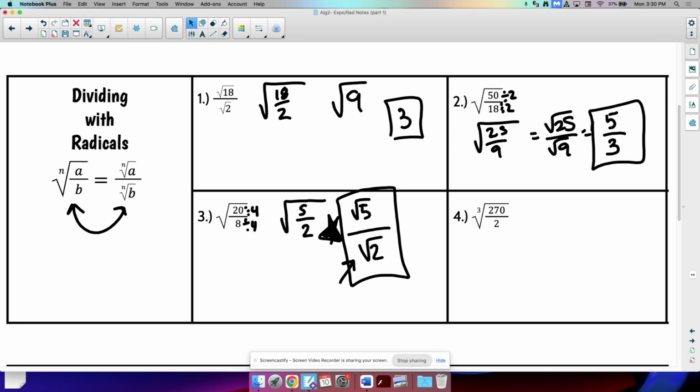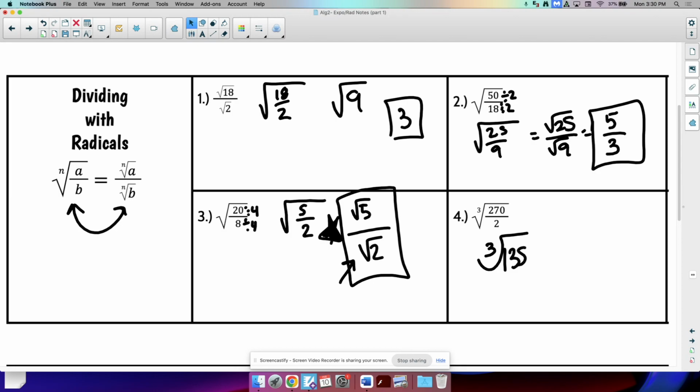So the next one, when you divide, it doesn't matter what kind of radical you have. You can just divide the numbers. You can reduce the fraction. So this one, we get the third root of 135. When we look at our list of x to the third, 135 is not on there.